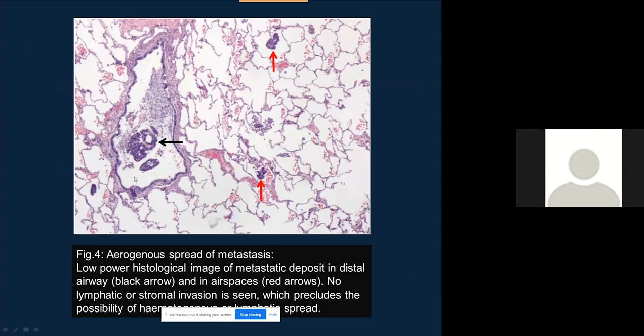If it is not attached and not invading the stroma, this cannot be by hematogenous or by lymphatic route. It needs to have come through the air spaces. And it's by this observation that the idea of aerogenous spread started to be considered.